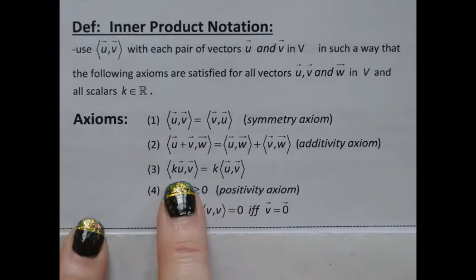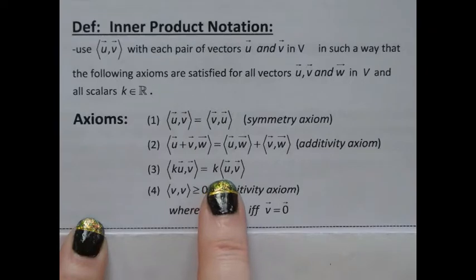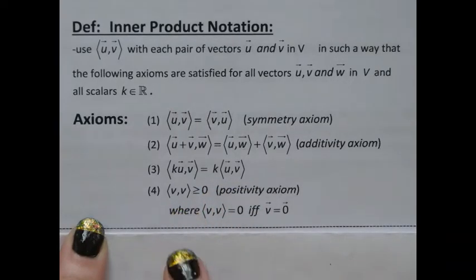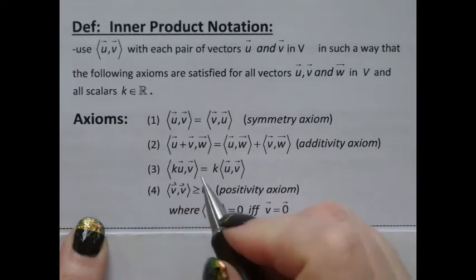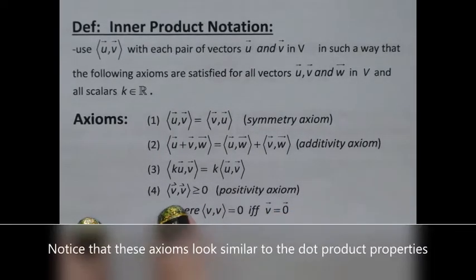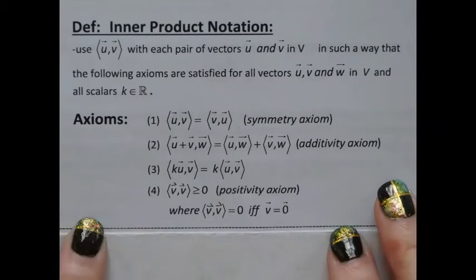K times u, comma, v is equal to, factor it out, k times u, comma, v. And fourthly, v, comma, v is greater than or equal to 0. It's a positivity axiom where v, comma, v equals 0 if and only if vector v equals the 0 vector.